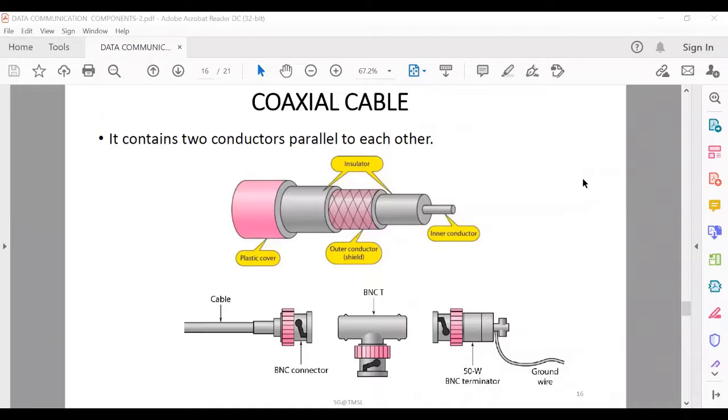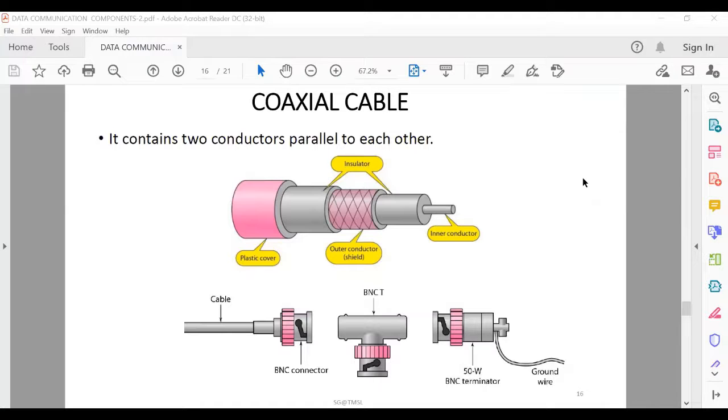Because of the advent of modern UTP and STP type twisted pair cable, coaxial cable is seen very little in computer networks, but it still has very high importance in analog systems, such as cable television distribution networks.